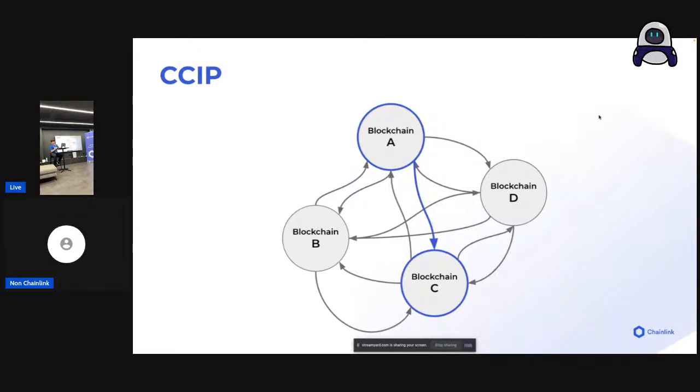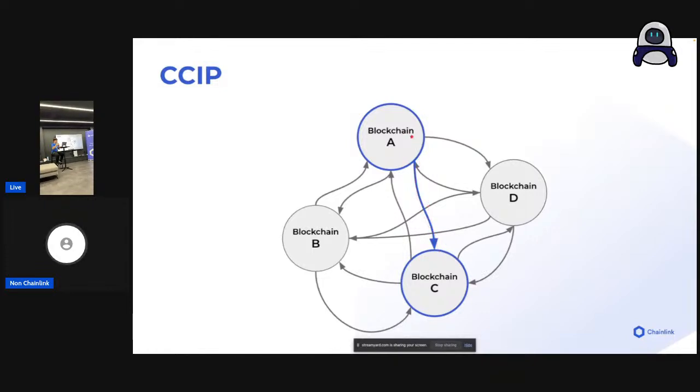Okay, so yeah, continue from what I said. We have something called a lane to send something from one chain to another chain. This thing is called a CCIP lane.